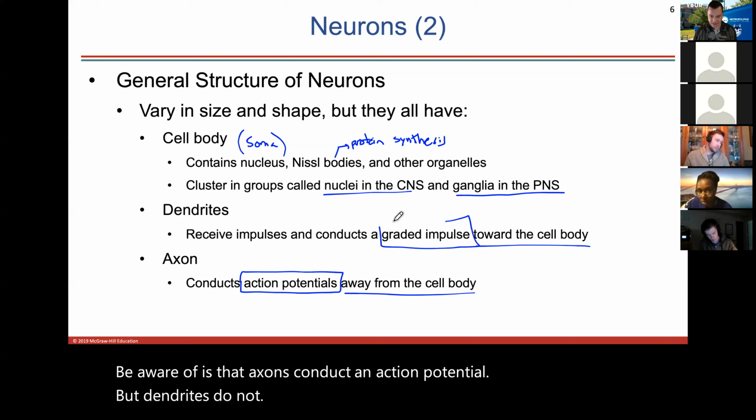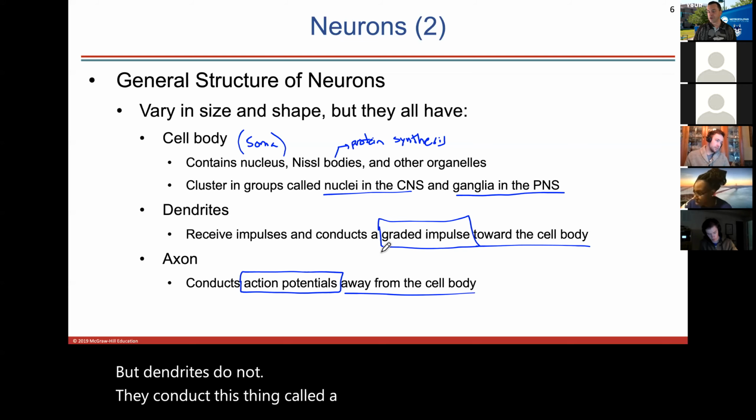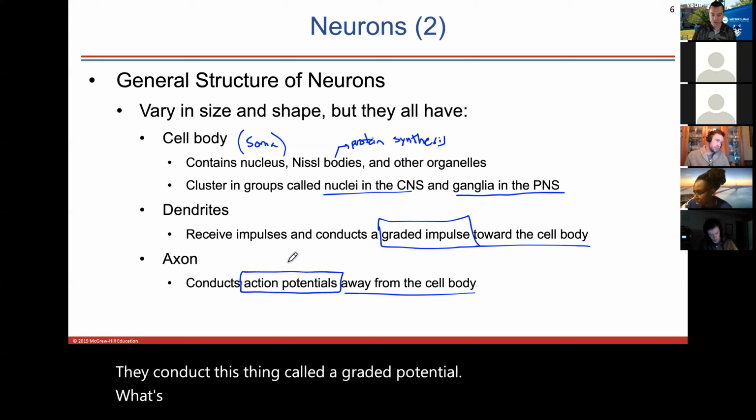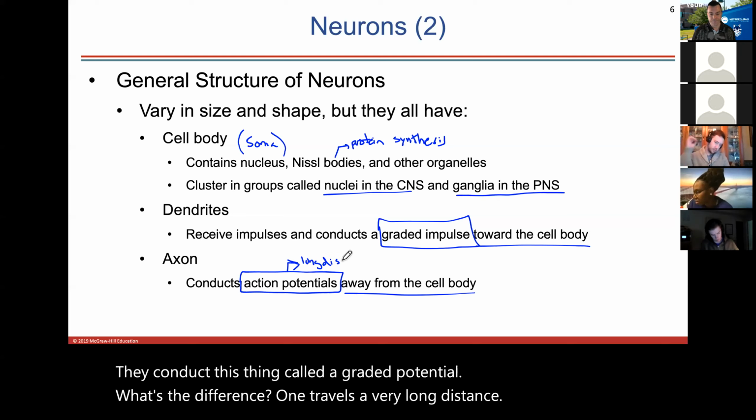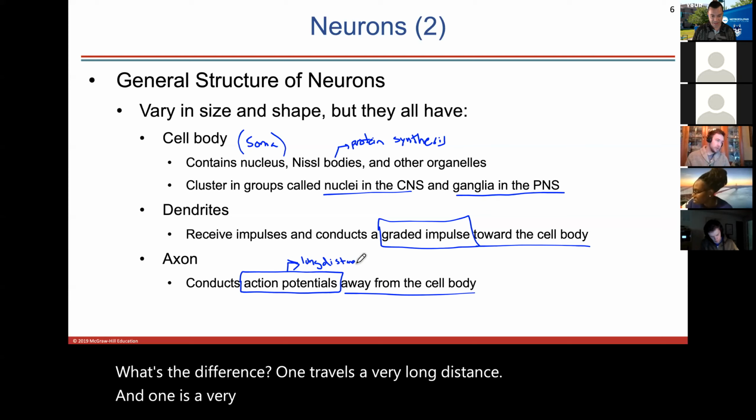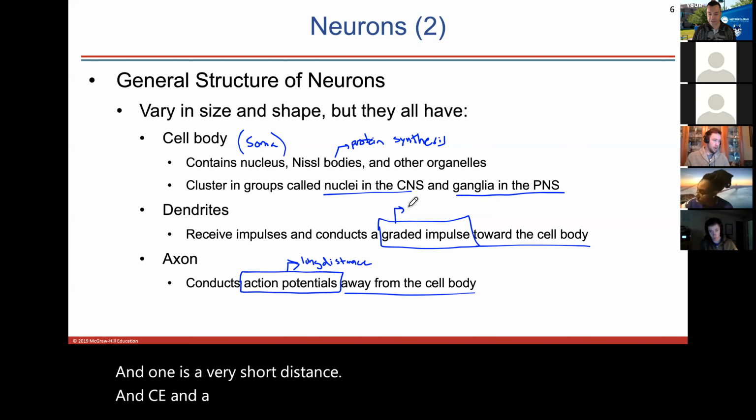They conduct this thing called a graded potential. What's the difference? One travels a very long distance. And one is a very short distance. A graded potential only travels a short distance.